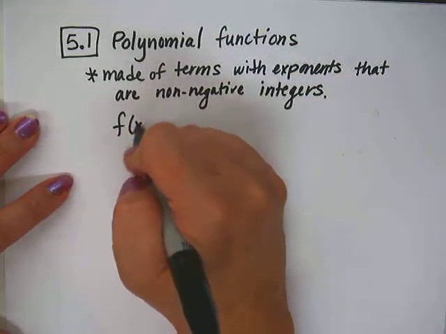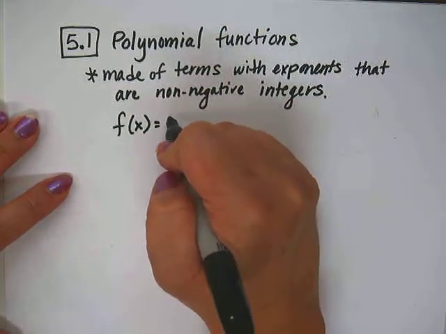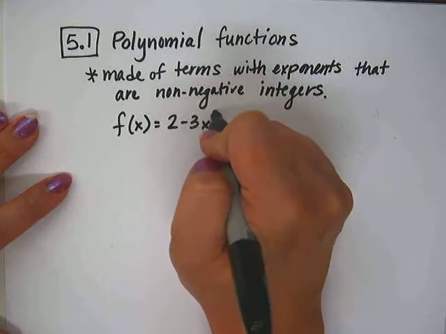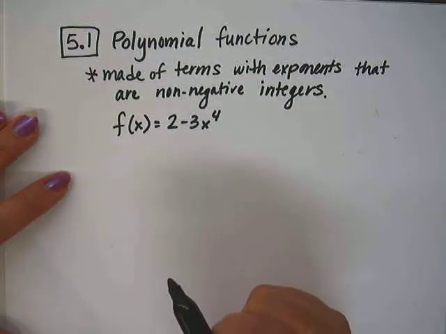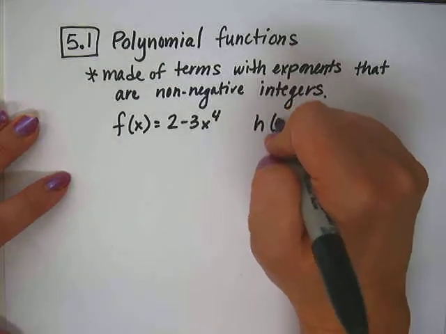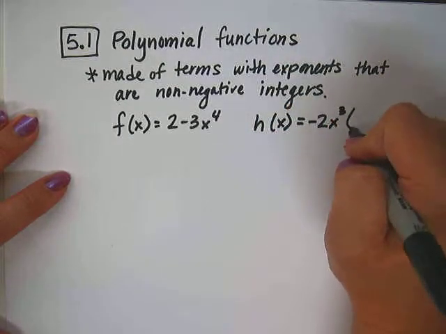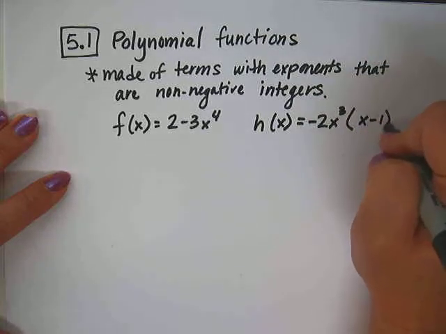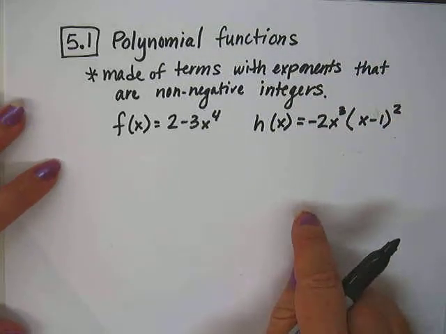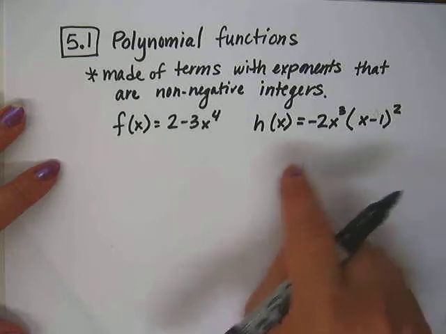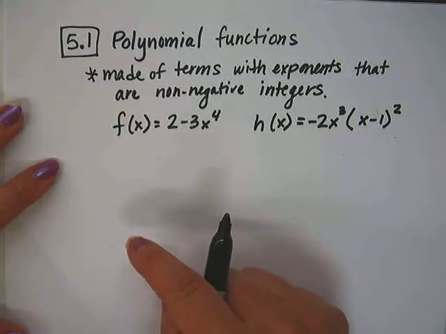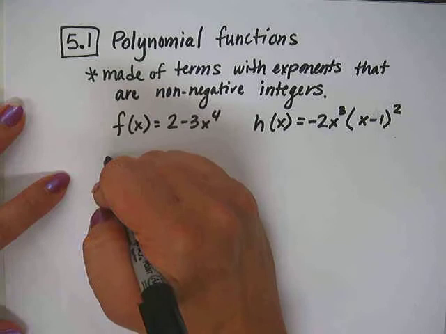Okay, so for example, f of x equals 2 minus 3x to the fourth would be a polynomial function. Or this one, h of x equals negative 2x to the third times x minus 1 squared. Of course, you could FOIL all that stuff out and get a nice, pretty function.